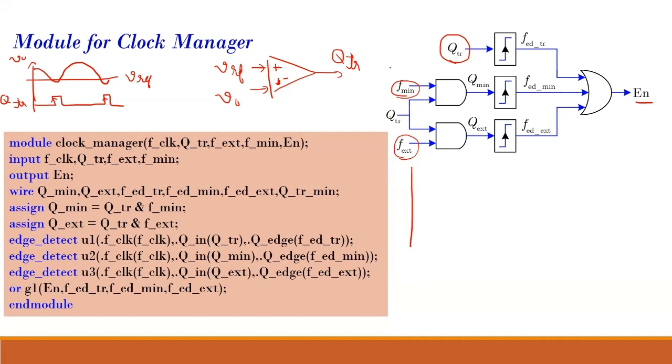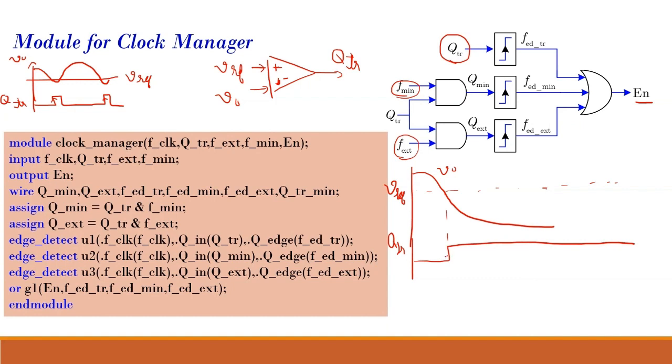So if my QTR has gone high, now assume in this case, this is my Vref. Let's suppose there was some sort of load transient or something. This is my V output, and this is my QTR. My QTR will be 1.